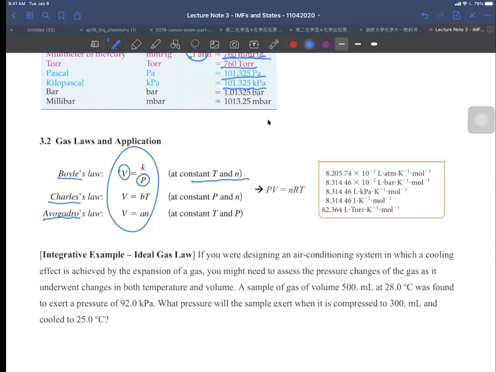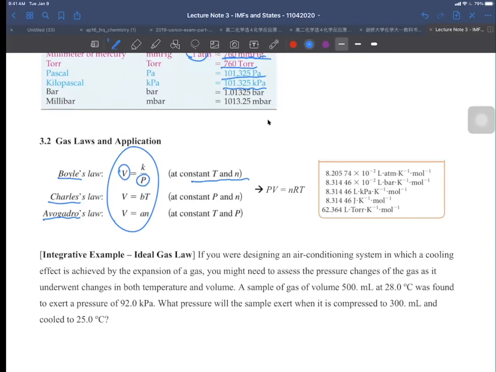Make sense? The second one, Charles: at the same pressure and the same amount of gas, the volume is proportional to the temperature. It basically means if you put a balloon in hot water, the balloon will expand, because high temperature makes the volume increase. The last one, I think you can figure out by yourself.